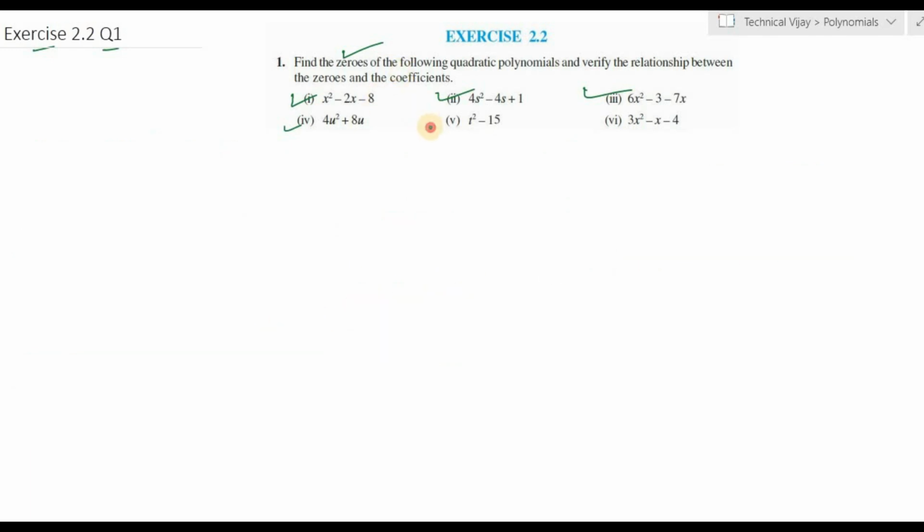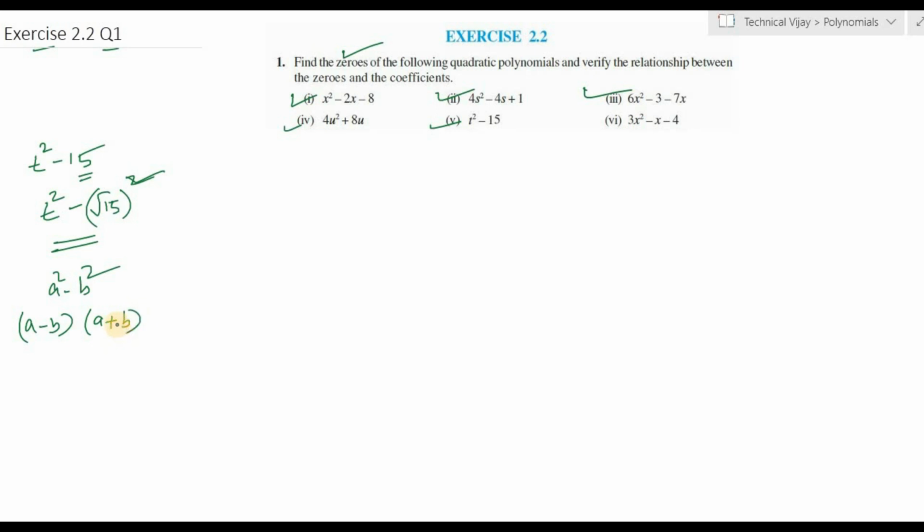In this fifth question, t square minus 15. Here we can write this 15, because this 15 is not any square, so we will write this as t square minus root 15 square. This is one and the same. Now this is in the form of a square minus b square. The formula, as we know, is a minus b into a plus b.